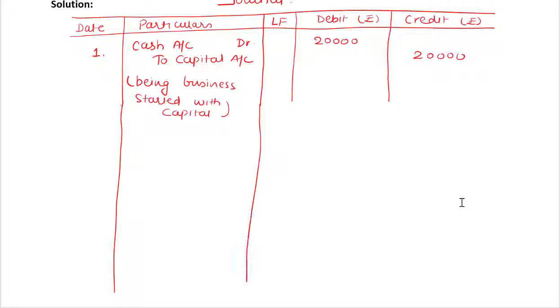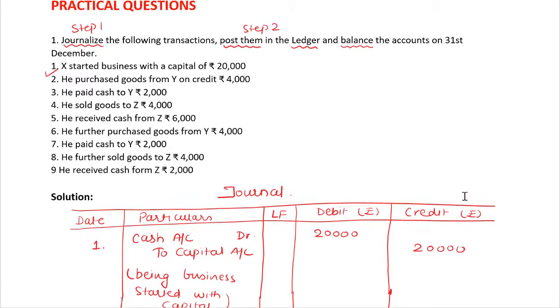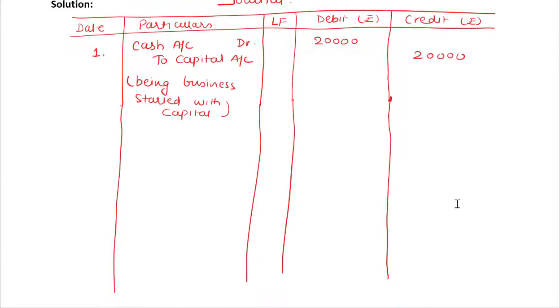Let me extend it a little bit because we have several transactions. The second transaction talks about he purchased goods from Y, purchases on credit for 4,000. So we will write purchase account debit to Y. Who is Y?